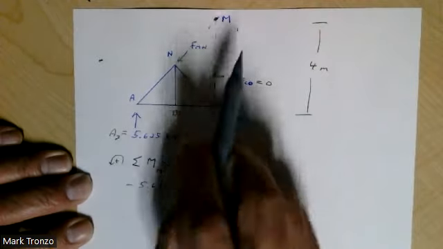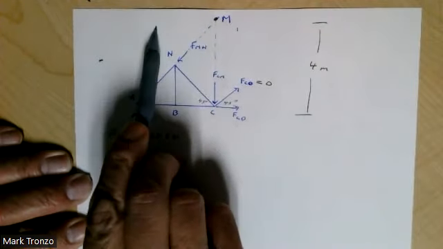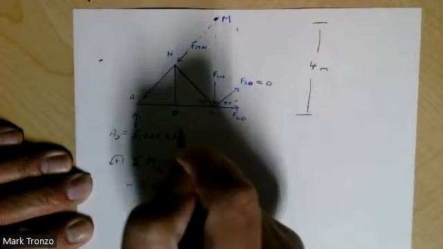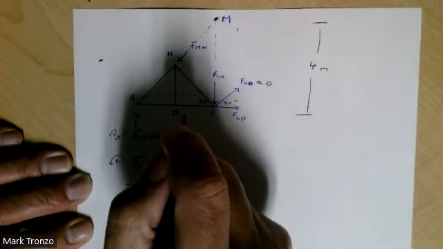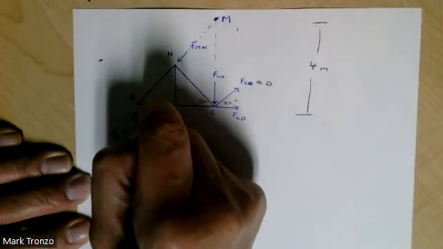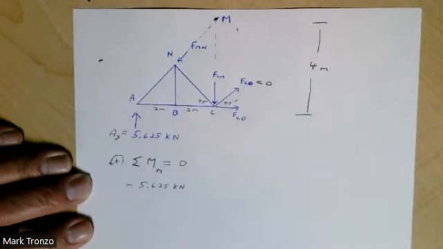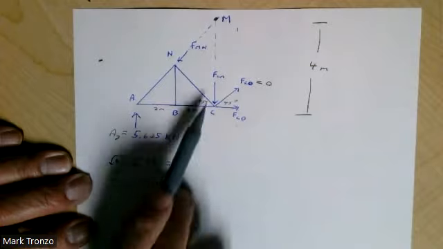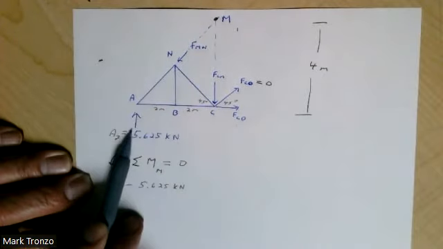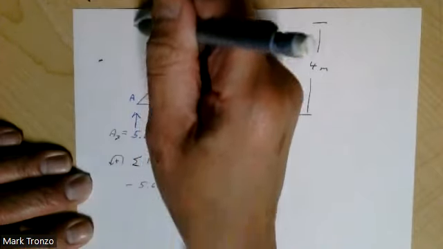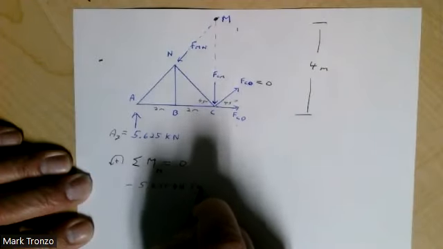We need to find the moment arm from there to there. This is 2 meters, this is 2 meters, and so the moment arm from M to A, remember this force goes all the way up, is going to be 4 meters.